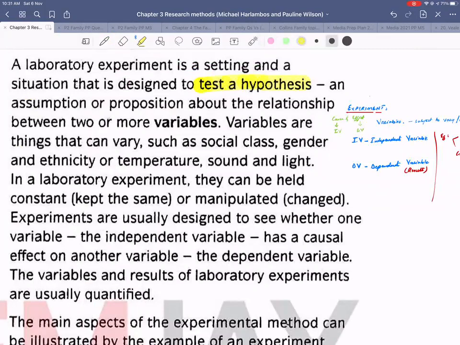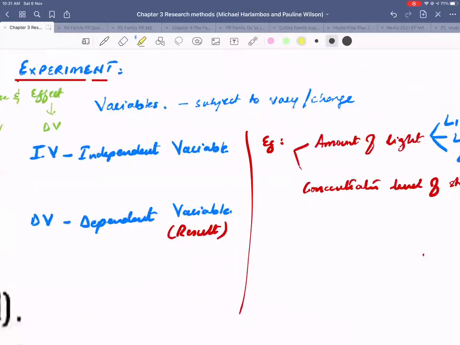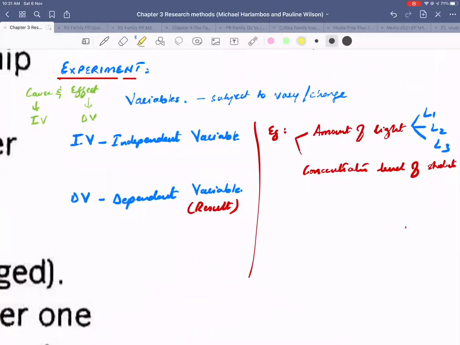Variables are things that can vary, such as your social class can vary, your gender can vary, your ethnicity, or the temperature, sound, and light. In a laboratory experiment, they can be held constant or manipulated, changed. Experiments are usually designed to see whether, now, if I get back to this example that I was giving you, if I want to see the effect light is having on concentration, right? मुझे देखना है कि light किस हद तक concentration level को affect कर रही है.